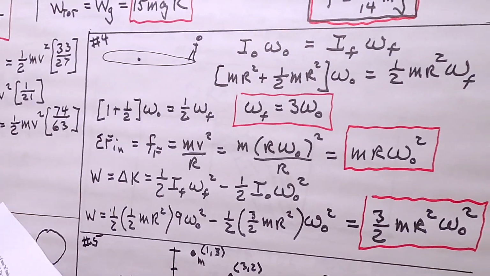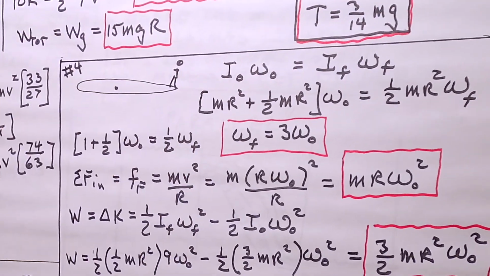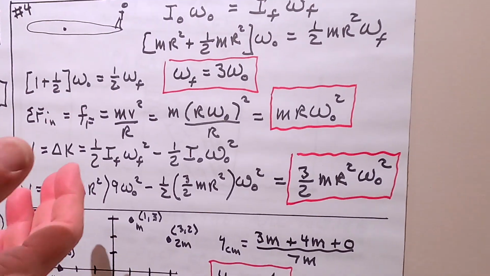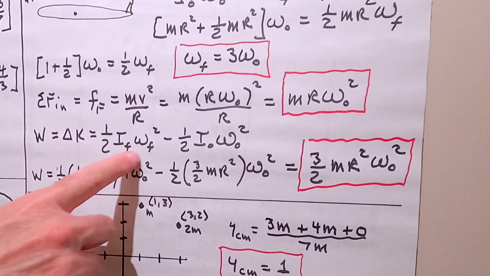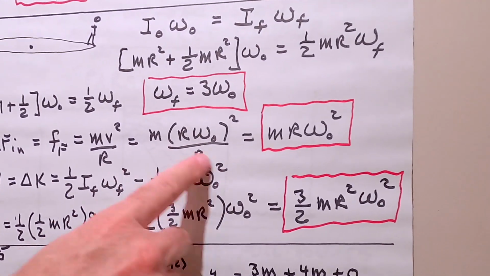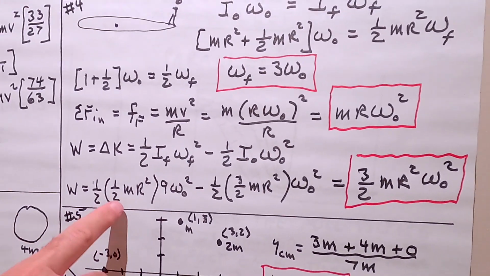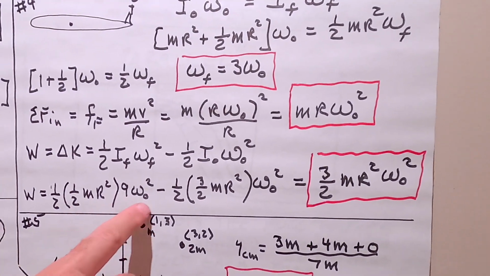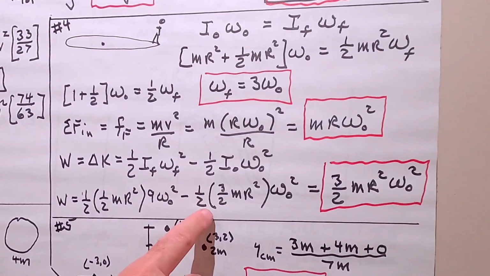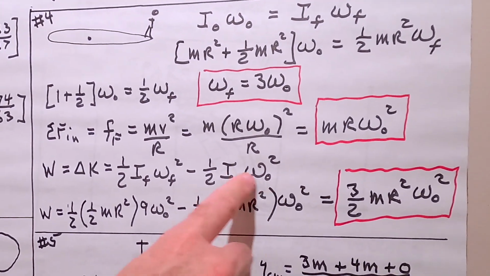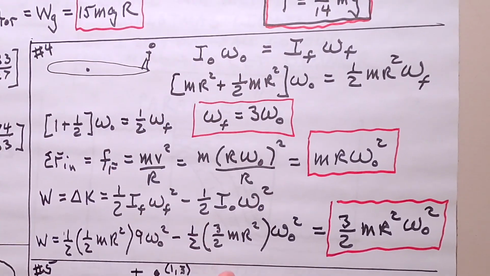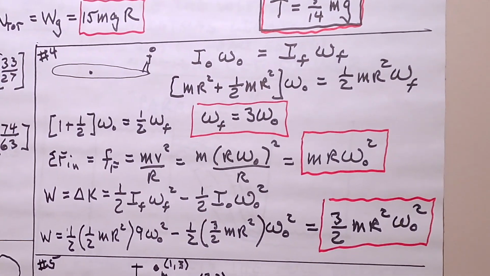And then, what's the work done by the person to walk in? He's the only one doing any work, so whatever he does is the total work, which is the change in kinetic energy, the final kinetic minus the initial kinetic. The final kinetic is just the disk: final omega squared is 9 omega naught squared, minus the initial 1/2 I. Originally, it's both of them put together, 3/2 mr squared omega naught squared.